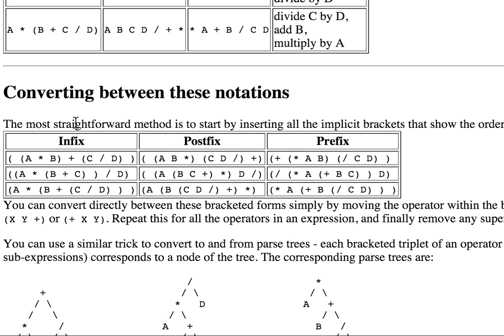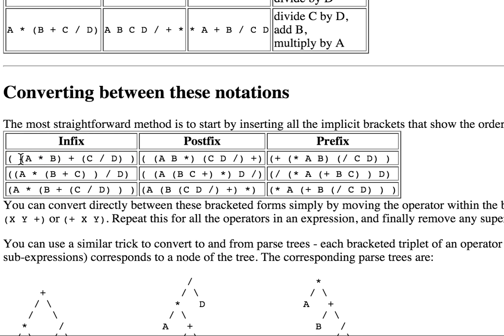So start by inserting all the implicit brackets to show the order of evaluation. For example, we know that a times b is calculated first, and then c divided by d is done later, and then add them together. Although it is clear to you, put those parentheses so that conversion is easier.